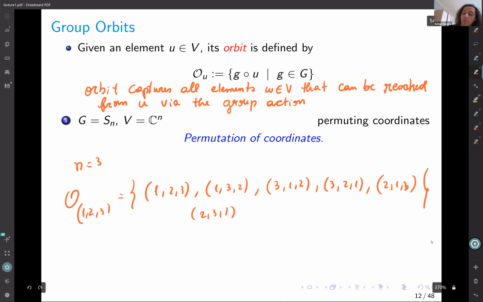All of these elements can be reached from 1, 2, 3 via permutations, right?